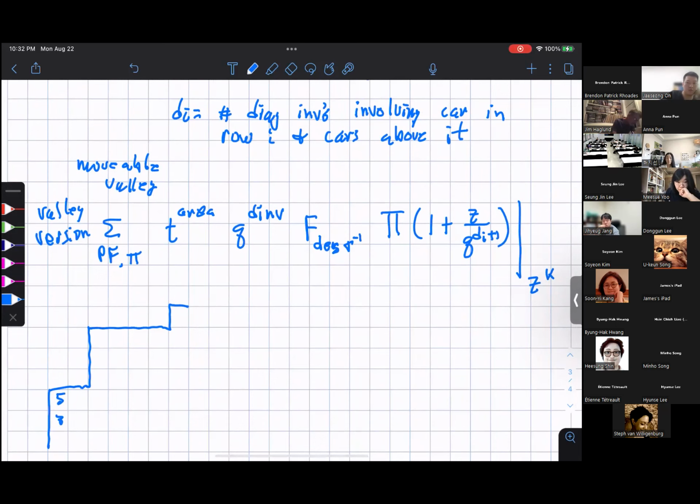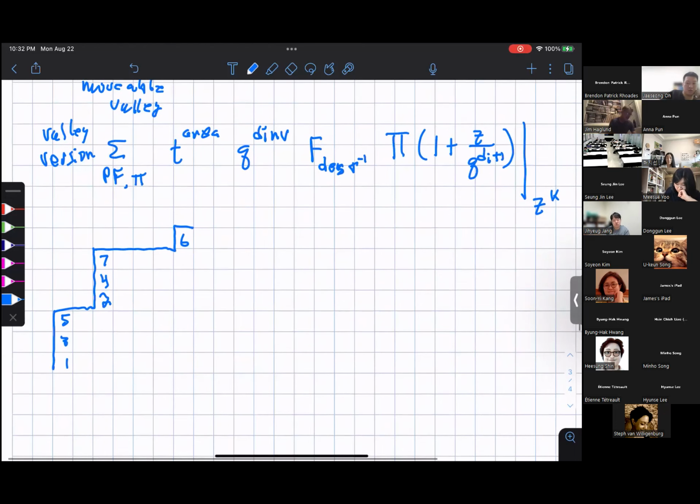Here's a different parking function. And in this one, I'm going to mark what are called double rises. So a rise is a pair of consecutive north steps in the path.